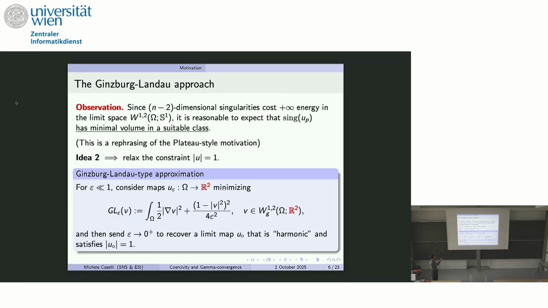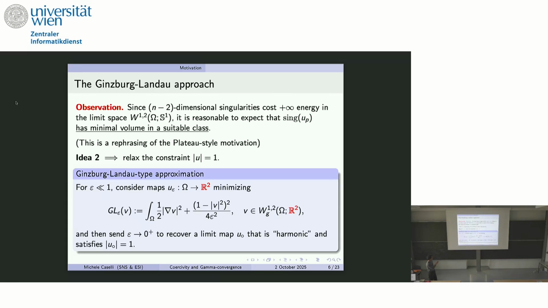But this functional, even if it looks exactly the same as Allen-Cahn, it behaves very differently. Also, the energy is paid, in some sense, not on the singular set, but only outside, and this makes a mess. But we will talk about this functional later.